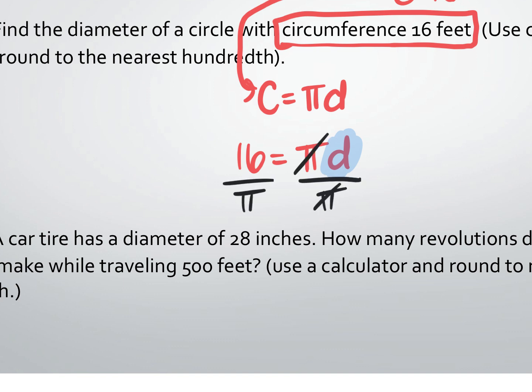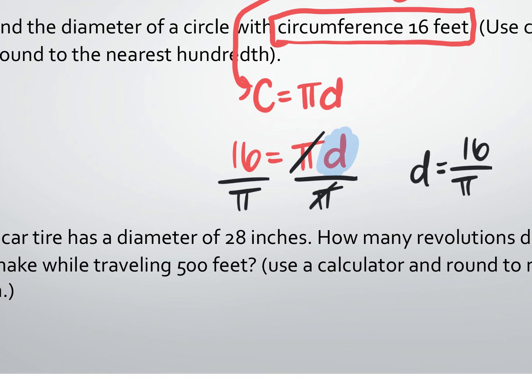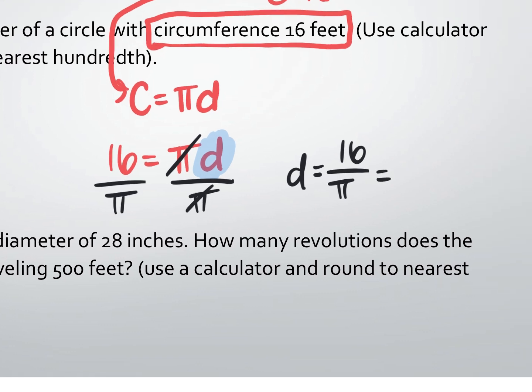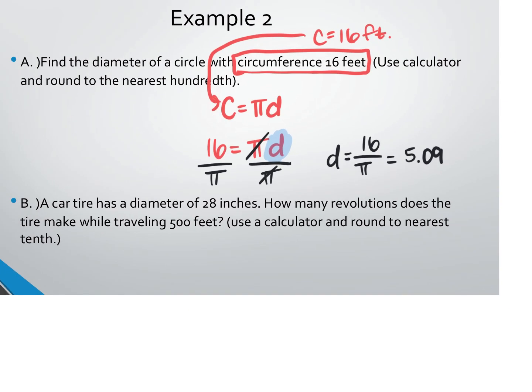So in your calculator, what are you going to plug in? 16 divided by, and then use the expression for pi. German? 5.09 feet.